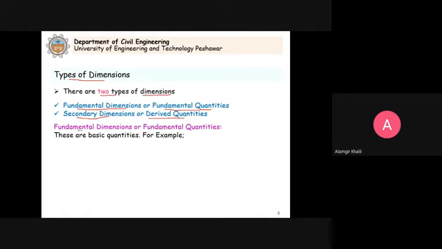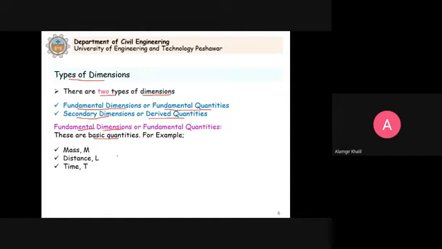Fundamental dimensions are basic quantities, as we already discussed. So now we focus more on fluid mechanics problems. As I told you before, mostly we will be concerned with mass, length and time. So we have this MLT system.